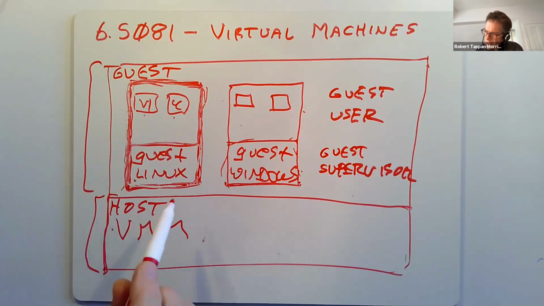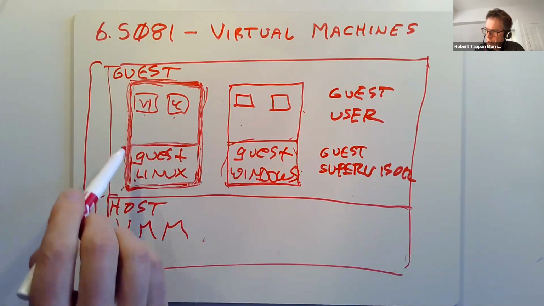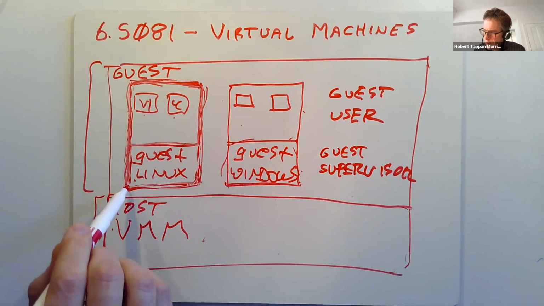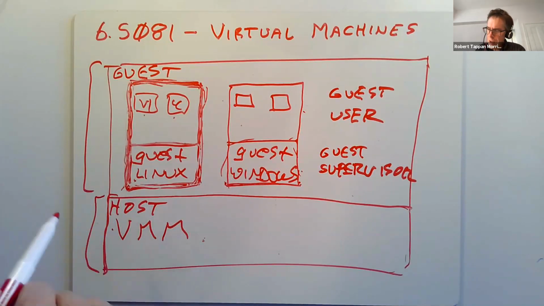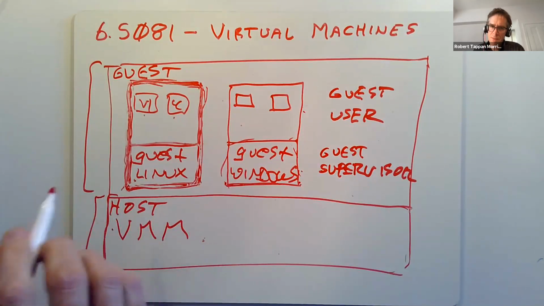Now, in practice, I've pitched the goal as being a completely faithful emulation of a physical machine. In fact, it turns out that for performance reasons, this is often blurred.